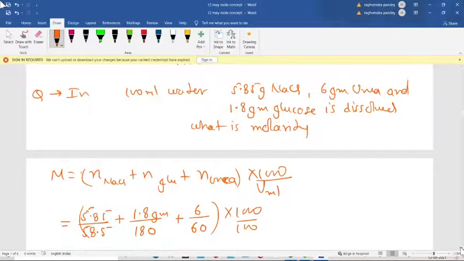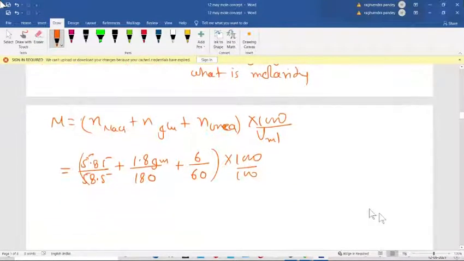Now we can calculate all this. 5.85 by 58.5 will be 0.1. Then 1.8 by 180 is 0.01, and 6 by 60 is 0.1. Into 1000 by 100, so that is 10.